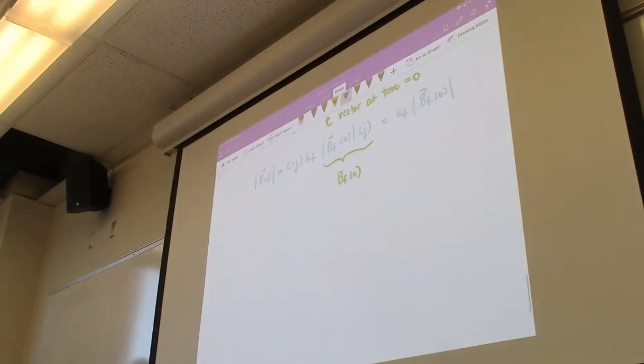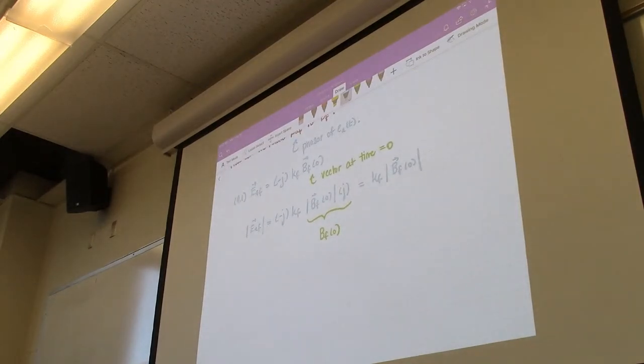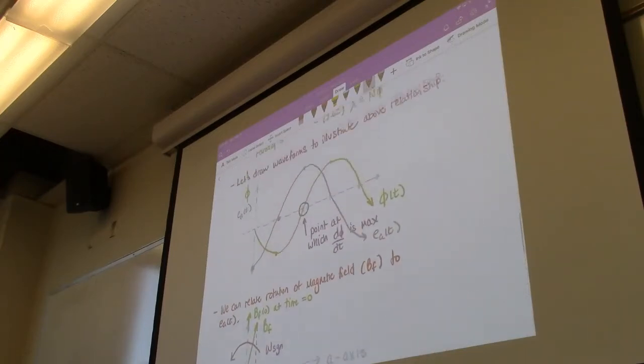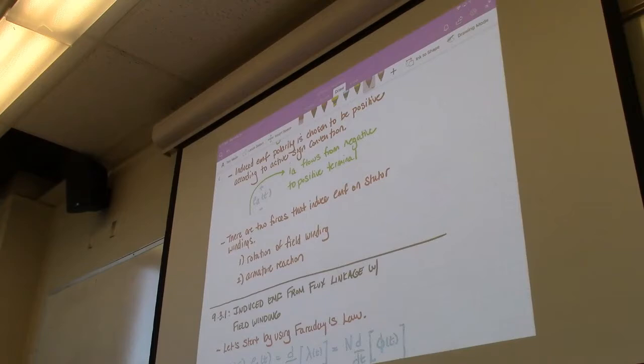Okay, so this is one piece of the puzzle. If you remember, going all the way back up here, we said there are two forces that induce an EMF on the stator winding. One is the rotation of the field winding, the other one's the armature reaction.